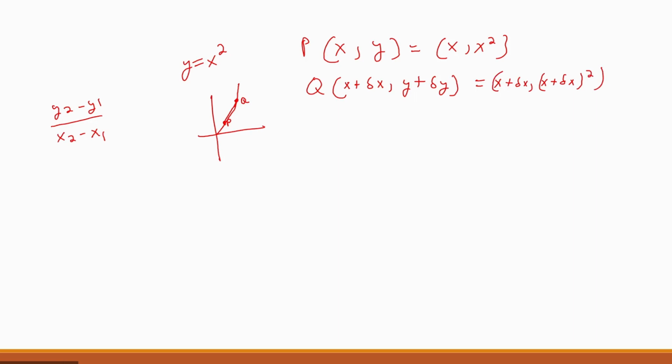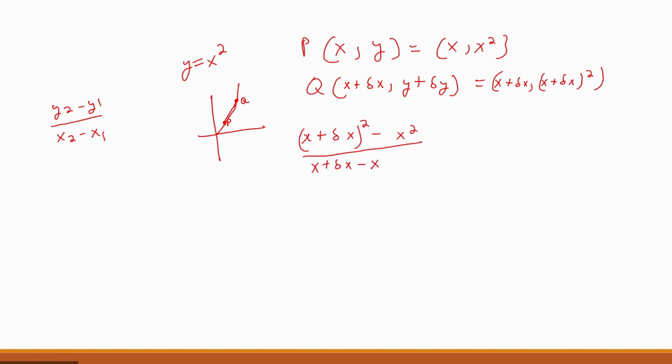Alright, so we have our coordinates. What I'm going to do now is apply the gradient formula. Let's take q as our y2. So what we have is x plus small change in x squared minus y1, which is x squared, over x2 minus x1, x plus small change in x minus x.